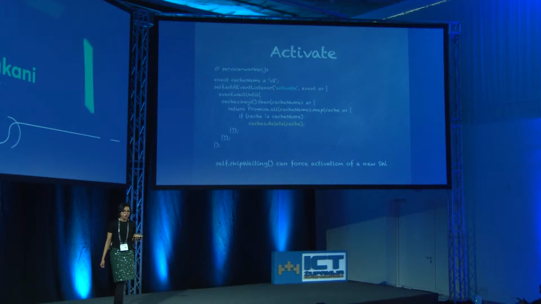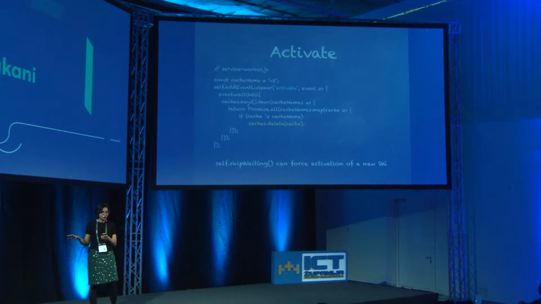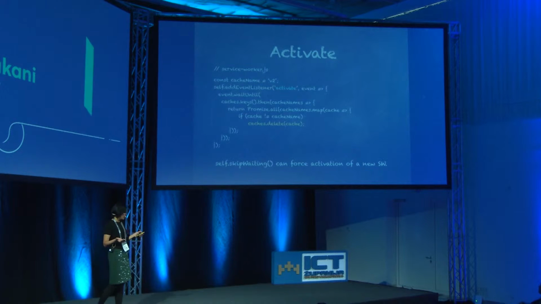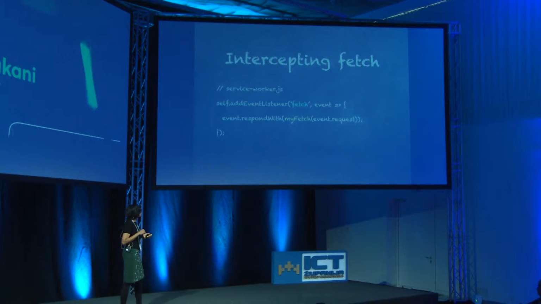And that is a great point to delete old cached resources that won't be needed by this new version of the service worker. If you don't want to wait for the browser to refresh the older tabs that were using the older version, you can use self.skipWaiting, and that'll force activation of the new version. Right, now your service worker is ready, and it can start intercepting fetch requests.